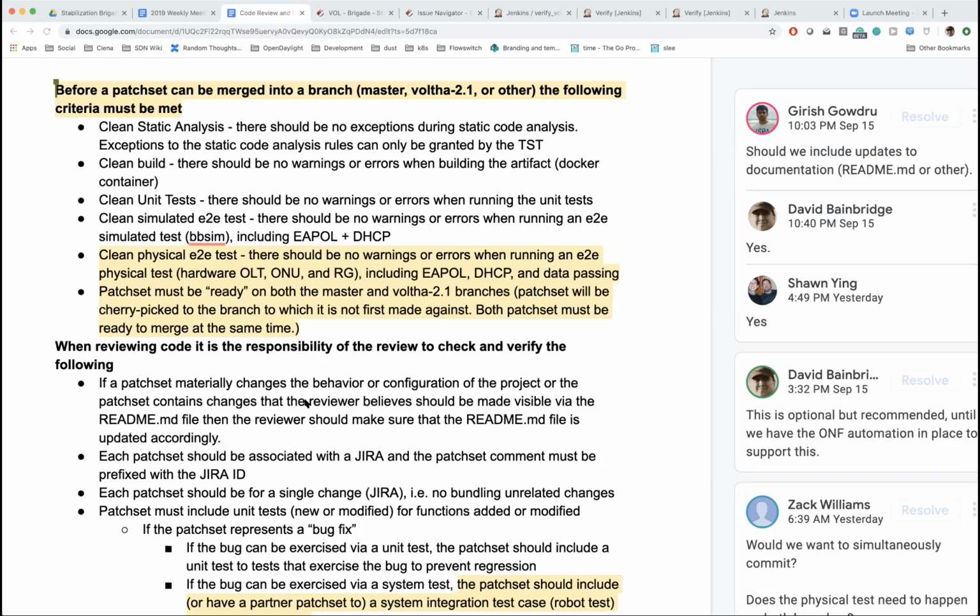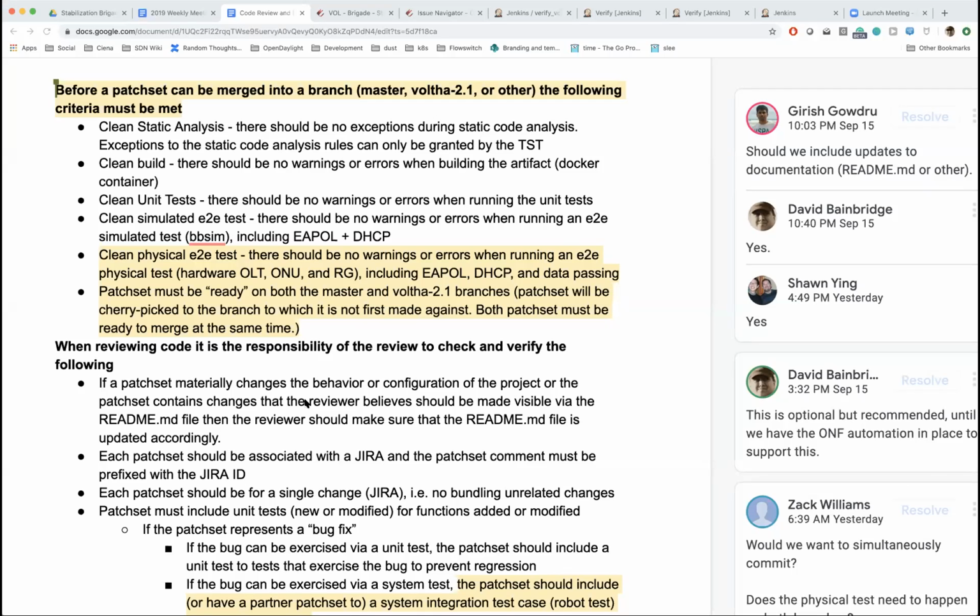There's going to be a more advanced static analysis done that gives more information. Clean build. We did find an issue that one of the projects actually didn't build. Those standards are going to be enhanced. We're going to require a clean end-to-end with a simulator and eventually clean end-to-end with a physical lab before a patch set will be considered verified.